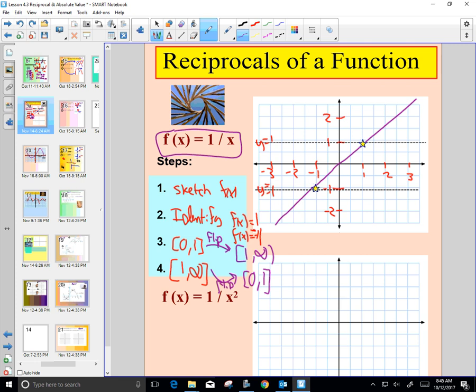What's 1 over 5? A fifth. 1 over 10. 1 over 100. All those values bigger than 1 are going to end up 1/5, 1/10, 1/4, whatever, between 0 and 1. So when you take the reciprocal of any y value bigger than 1, it's going to end up between 0 and 1.